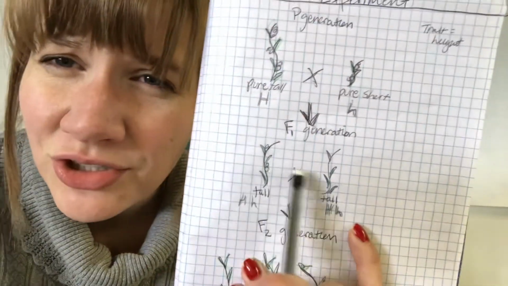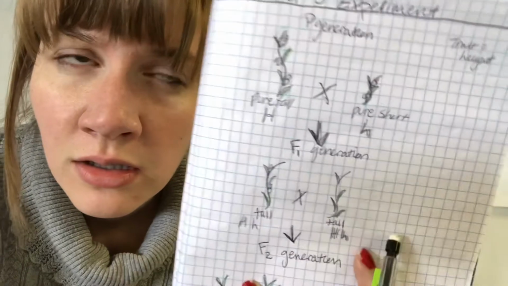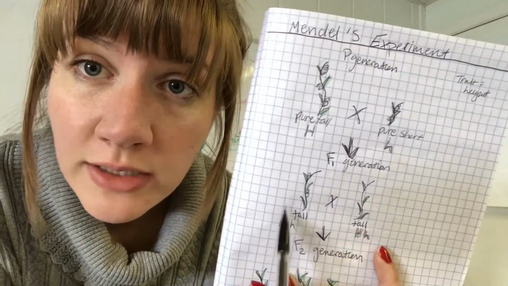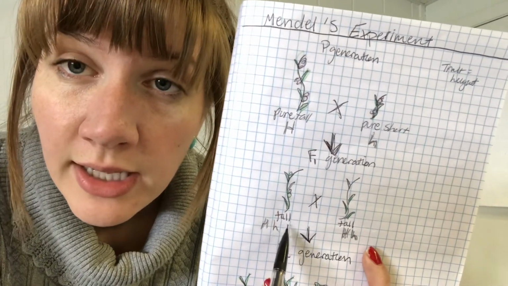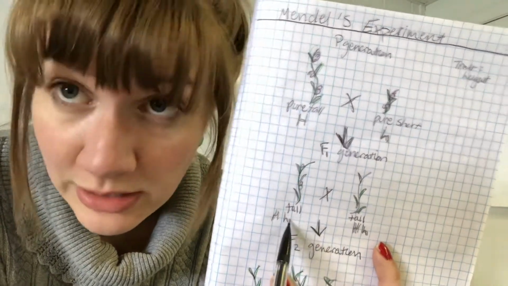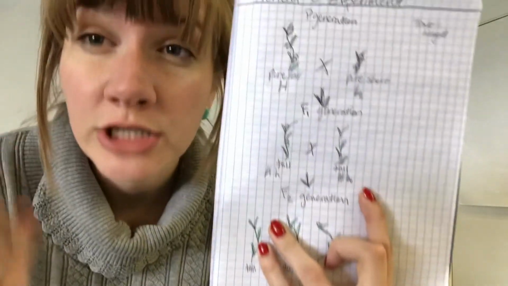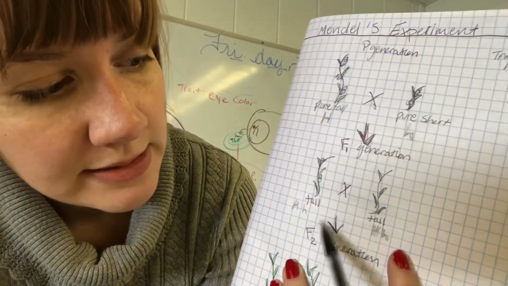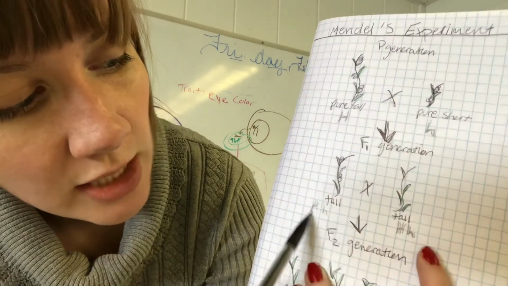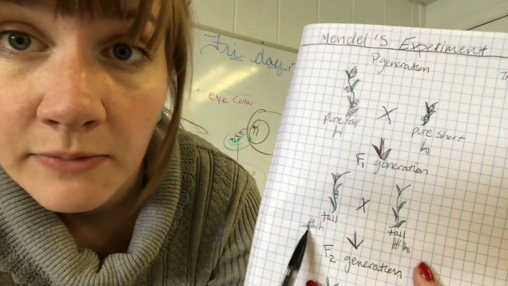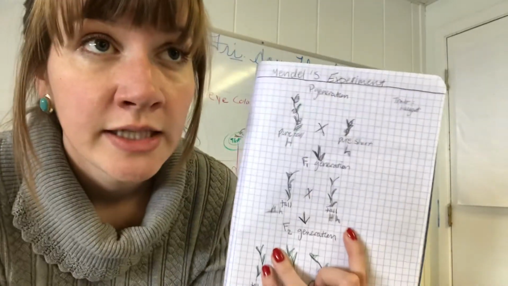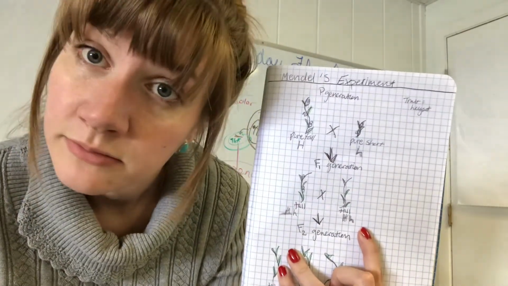But all of these children turned out tall. Well, why would that happen? It's because that tallness allele is dominating the shortness one. It's called a dominant allele. It's hiding that shortness characteristic. So when that dominant allele is present, it's as if, physically looking at it, the shortness one wasn't even there.